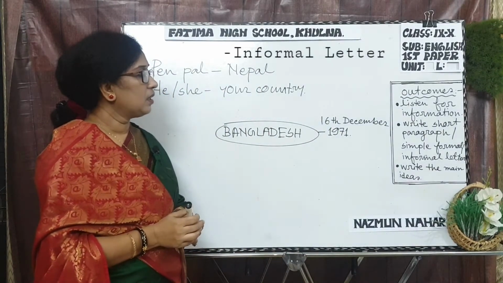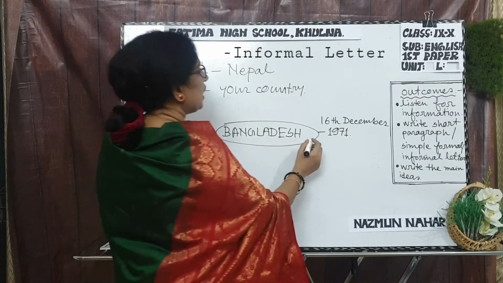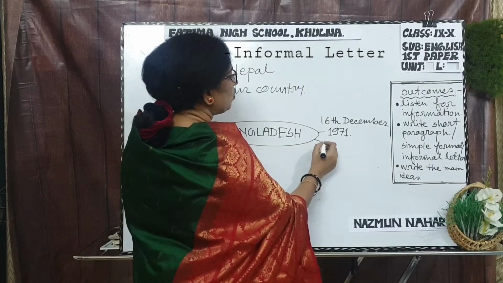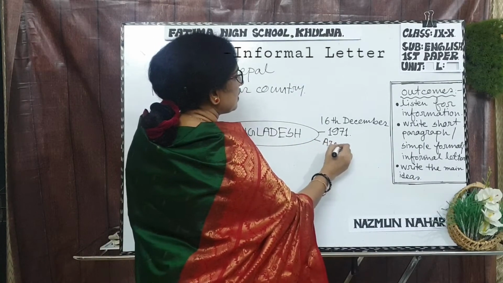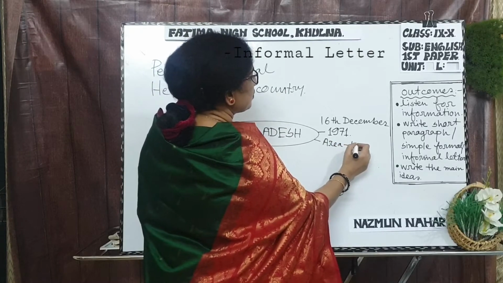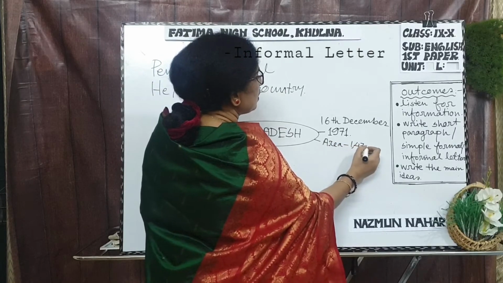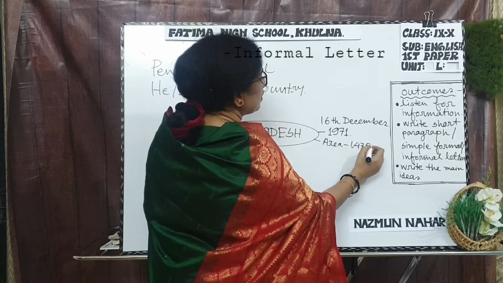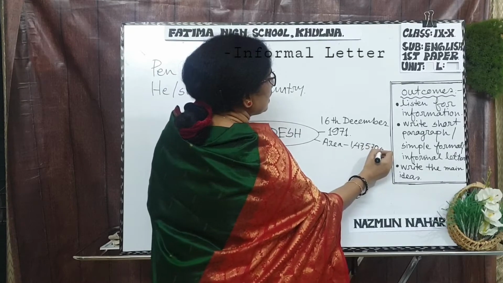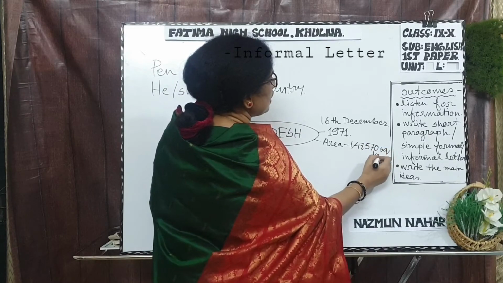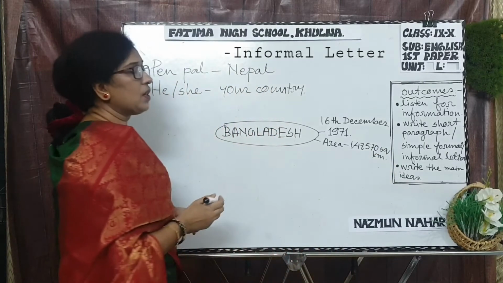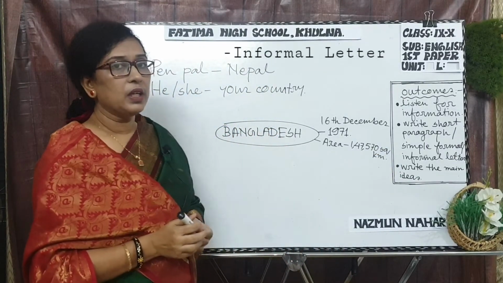You can also write about the area of Bangladesh, and you know that the area is 1,47,570 square kilometers. So you can write about your area.